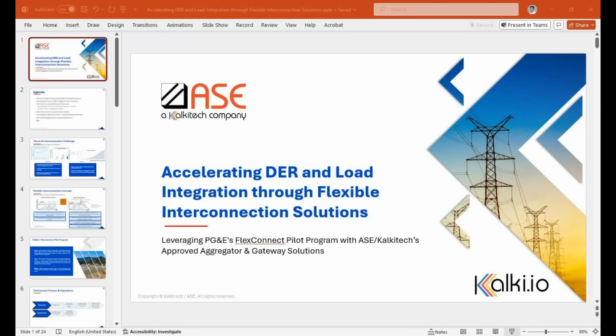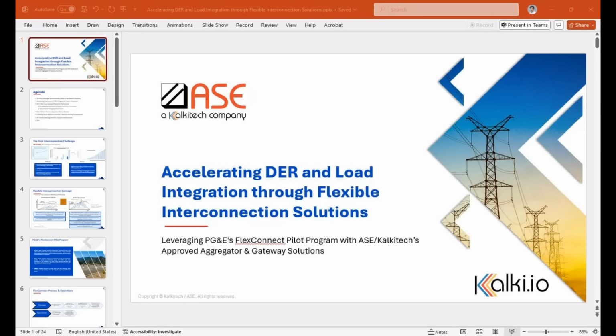Then we will spend some time detailing ASC's role as PG&E's approved partner. We'll discuss the importance of standardized architecture, a gateway technology adhering to standards like IEEE 2030.5, CSIP, and how a comprehensive aggregator platform facilitates seamless aggregation and control.